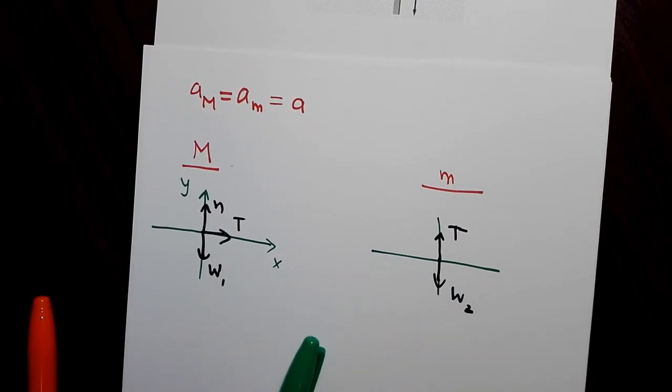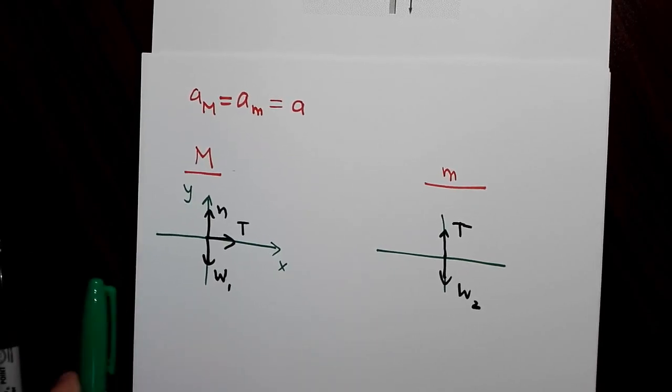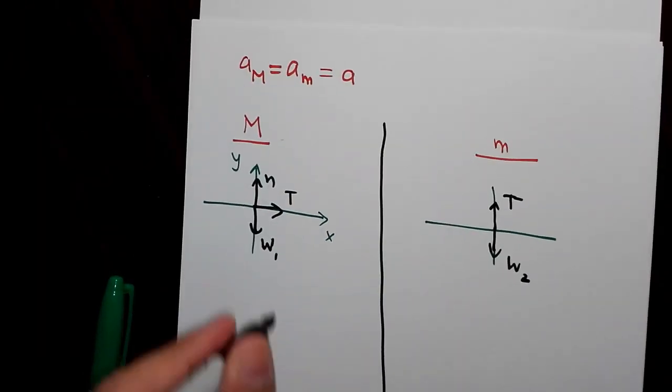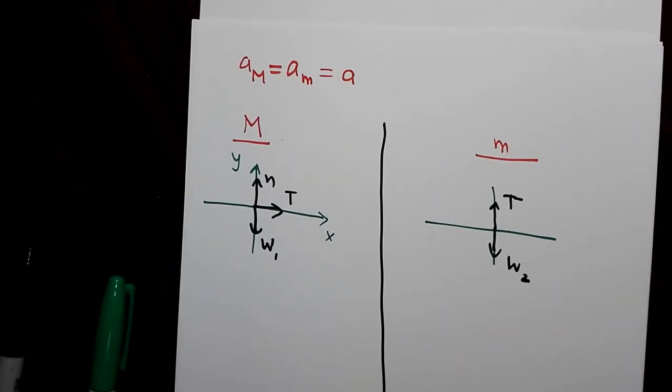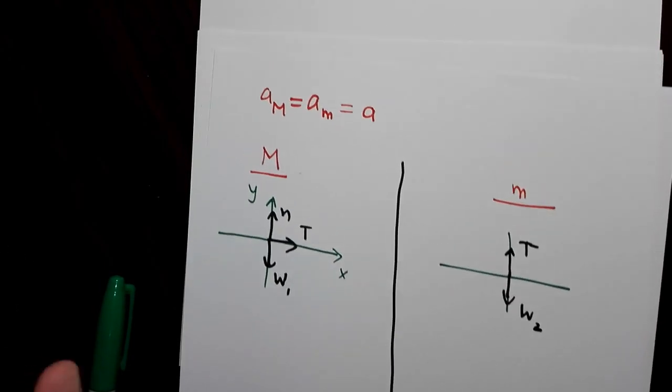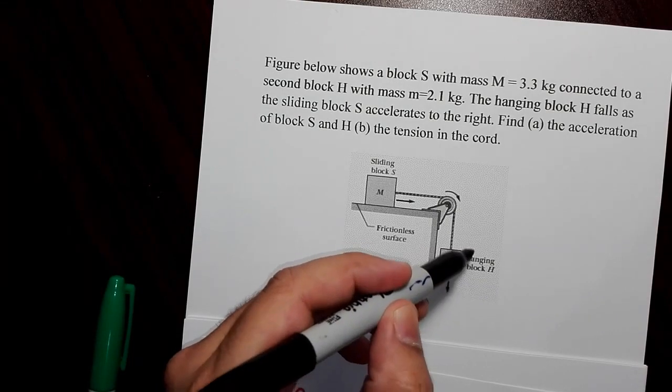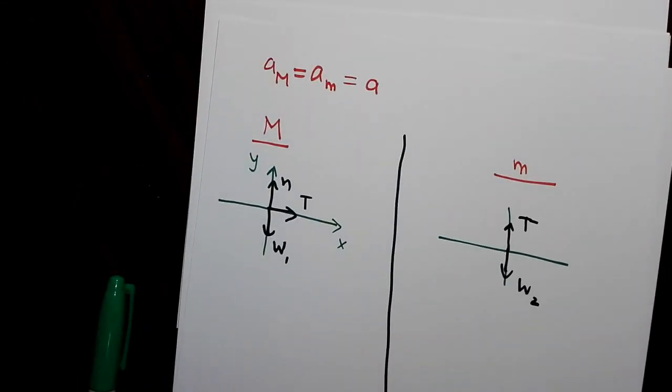Now let's write Newton's second law for the two masses. The mass capital M is moving in this direction, and this mass is moving in this direction.